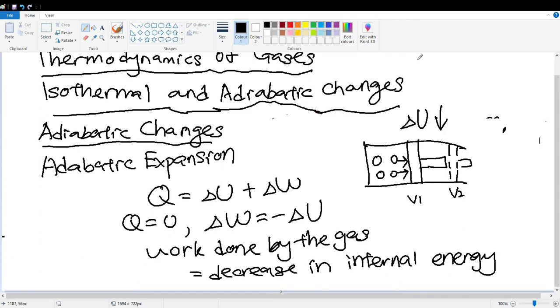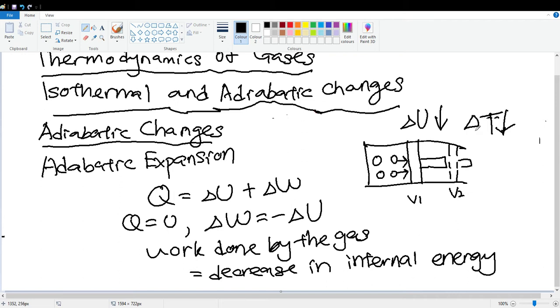This is what is meant by adiabatic expansion. When the internal energy decreases, the temperature will also decrease.